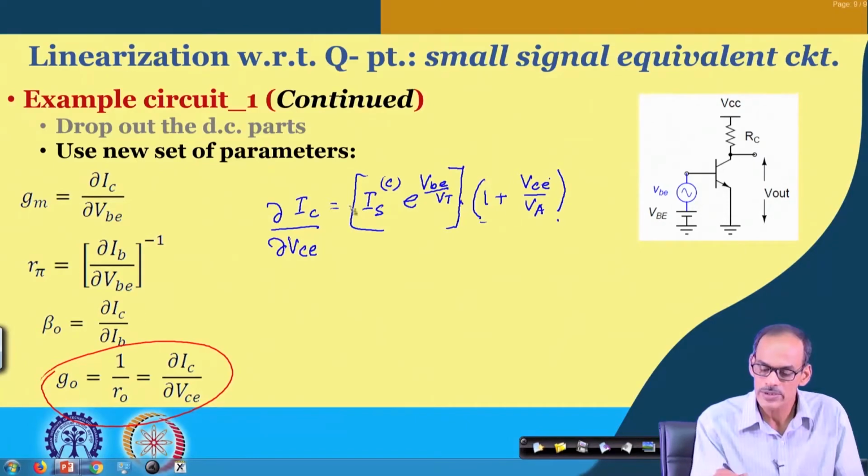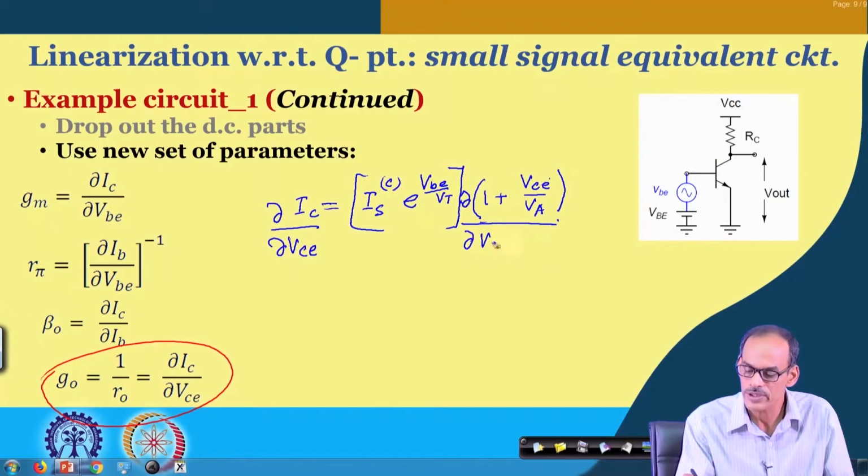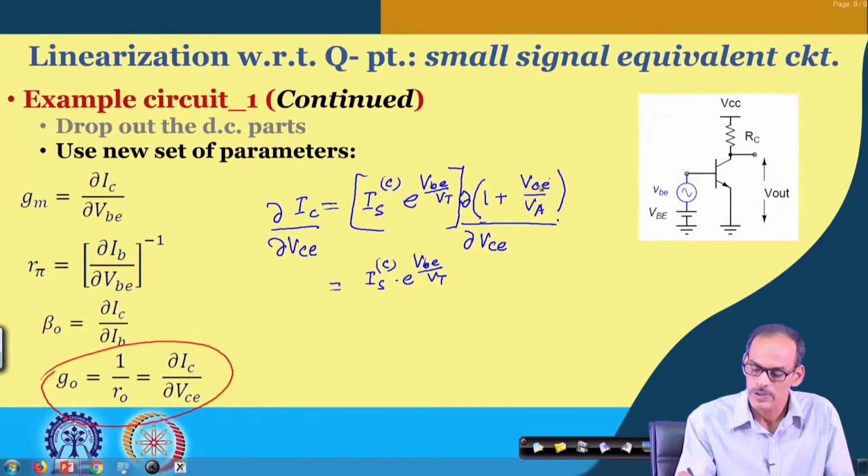So we take this part out, and then we have the partial of this part with respect to V_CE, and that gives us I_SC into e to the power V_BE by V_T divided by V_A.